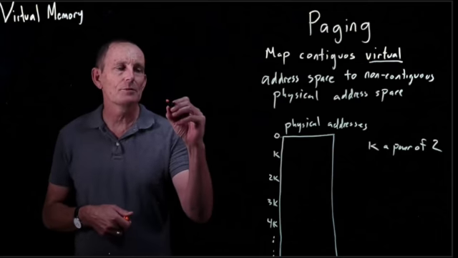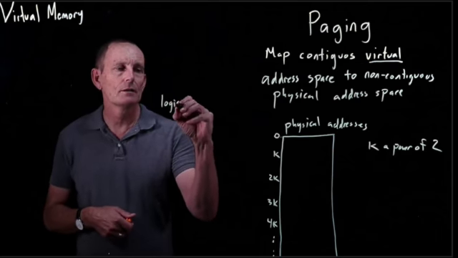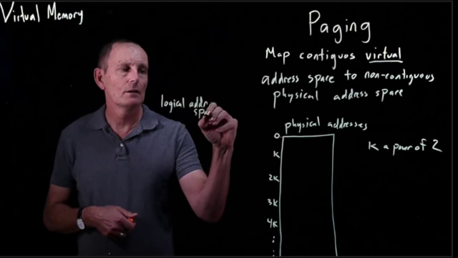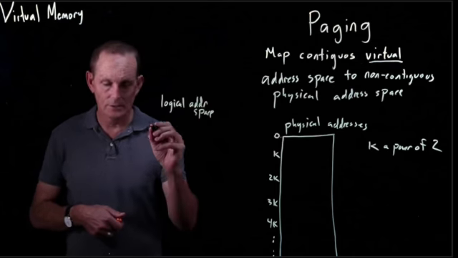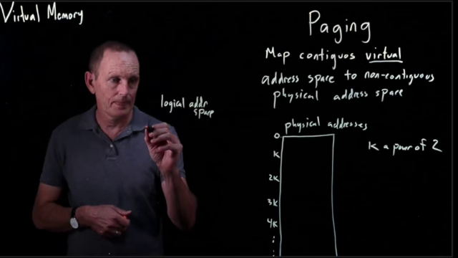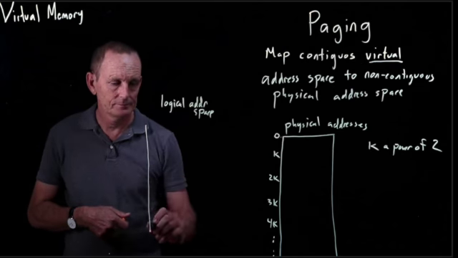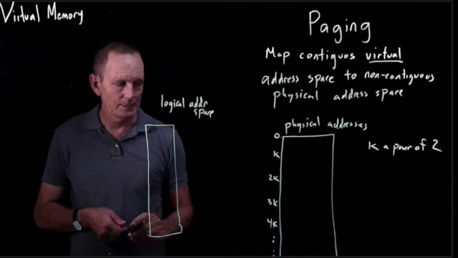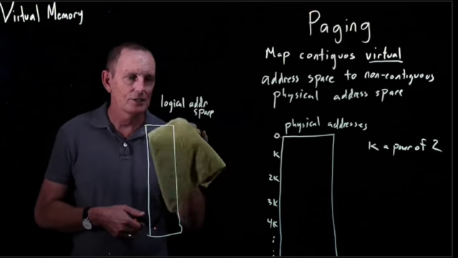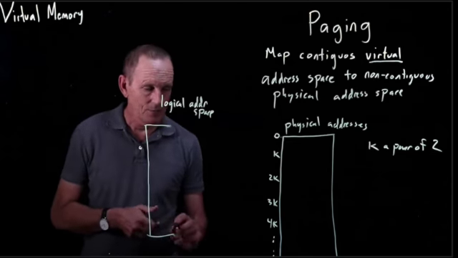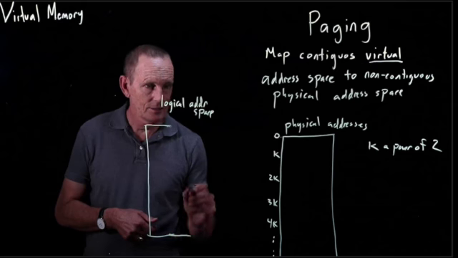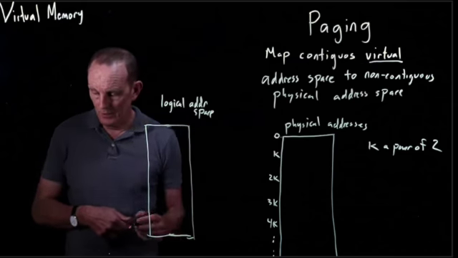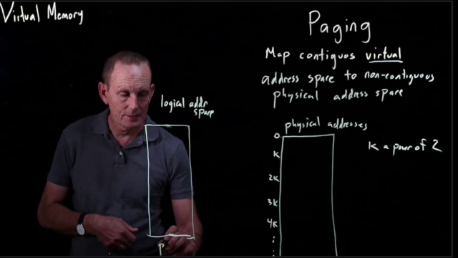And then our logical address space is going to be something like this. Let's just make it the same width so it looks like sort of the same size. So here we have our process.